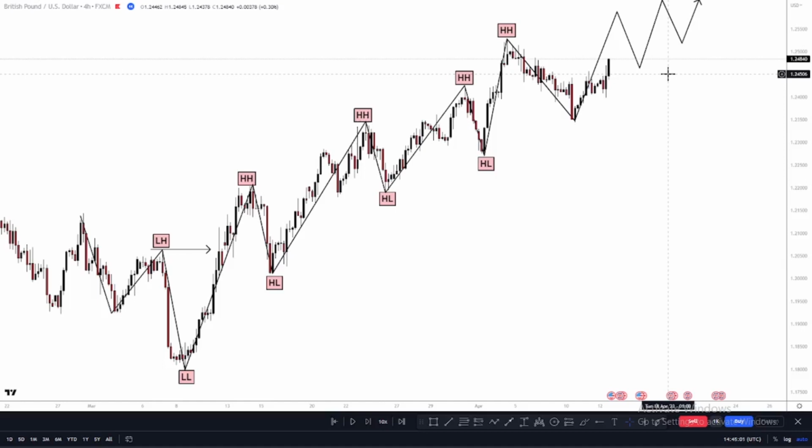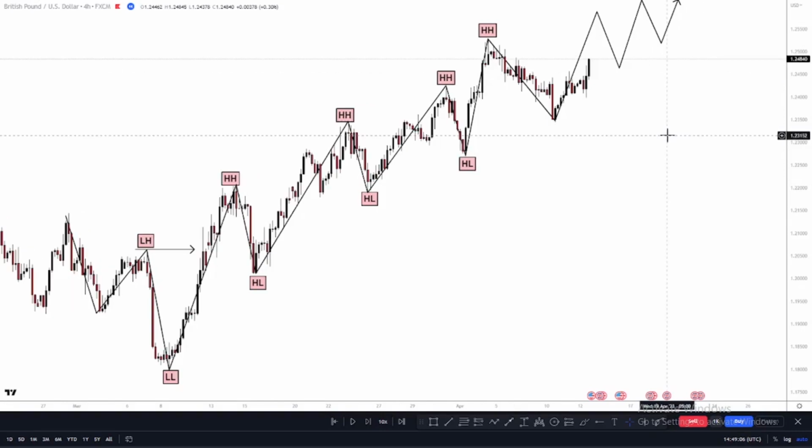So after we've identified our H4 market structure, or our H4 trend, what do I do next? I go down to my H1 time frame to look for an entry so I can also ride the trend. Do you all get what I'm saying? Good.